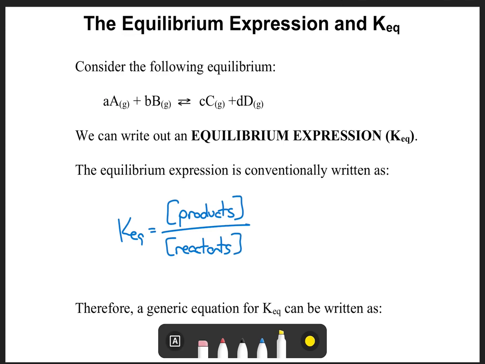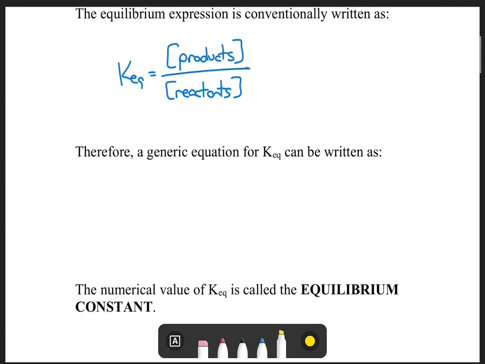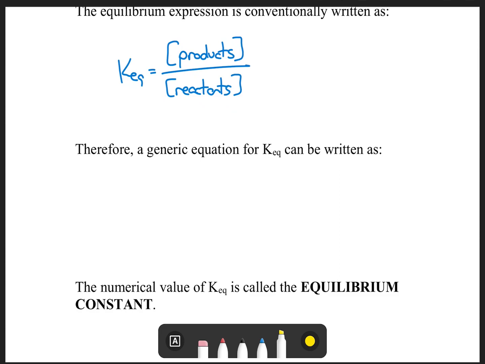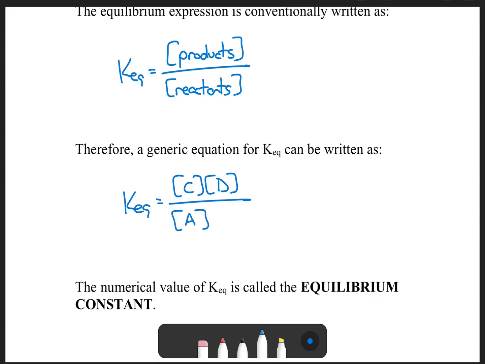Therefore, from the above equation, we can write a generic KEQ equation based on our formula, products over reactants. KEQ is equal to the products, concentration of C times the concentration of D, divided by the concentration of A, concentration of B in the denominator.